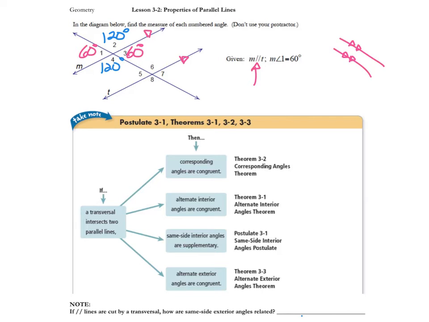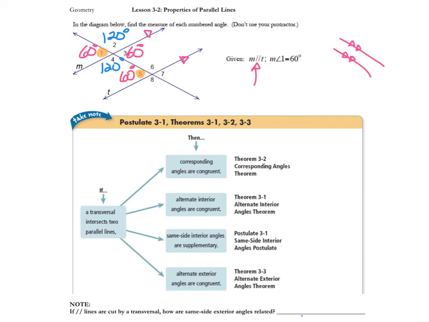And then we sort of have to assume some things, and one thing that you're allowed to assume is that when you jump from one little corner of the diagram down to the other corner, what kind of angles are those? Well, those are corresponding. And most books assume that the corresponding angles will be congruent to each other and make that their postulate.